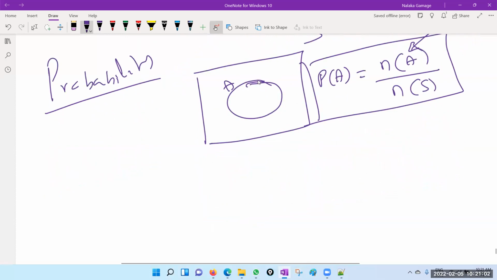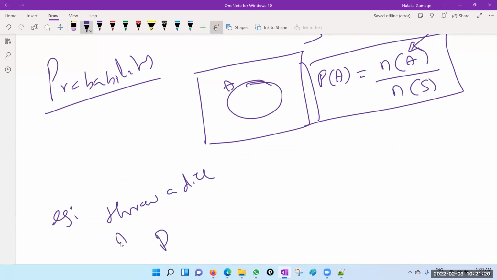Right? So let's take an example. Now remember, all the outcomes are possible events. So now I'm throwing a dice. What is the probability of, say, A, getting 6?